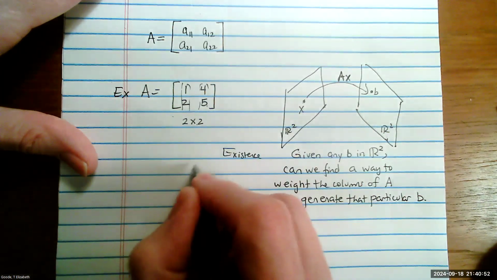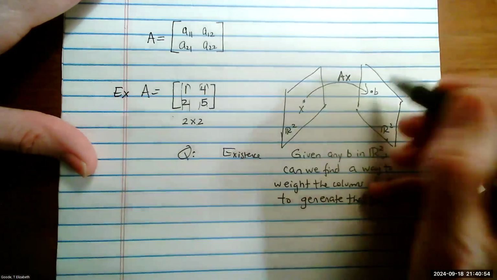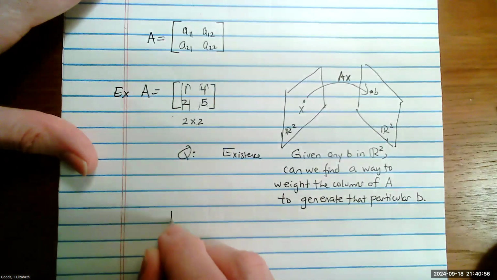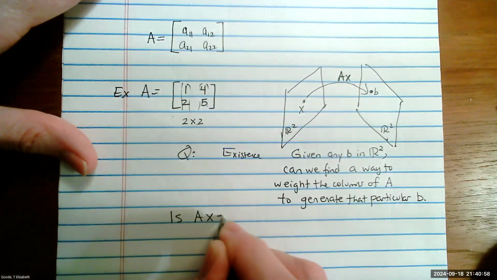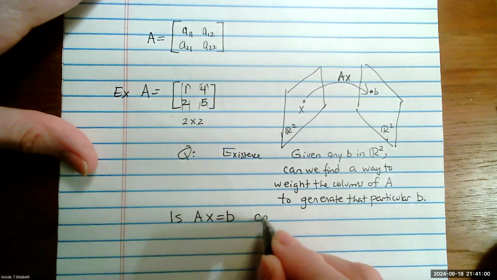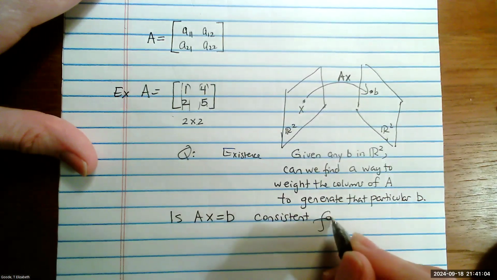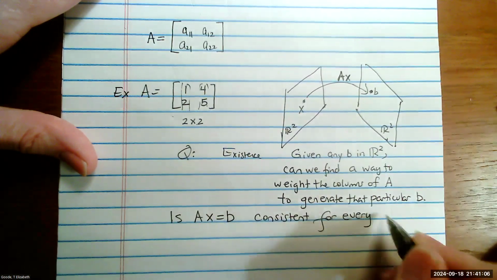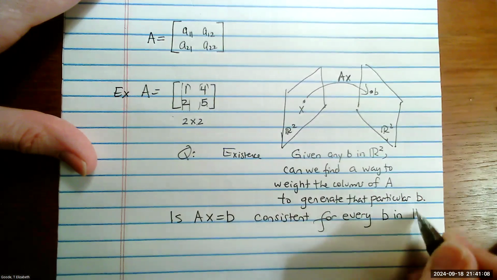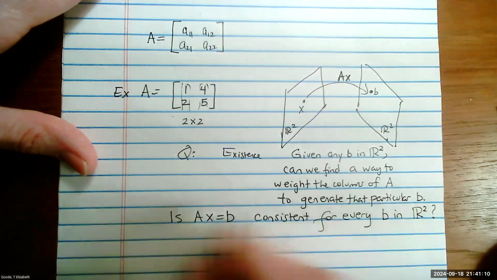So this is a big question that we ask. In other words, is AX equal B consistent? That means, does it have a solution for every B in R^2?